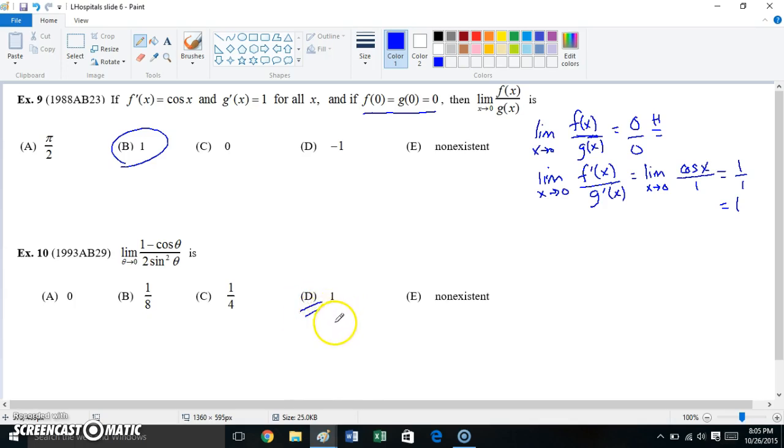Are you going to guess that D is the answer to number 10? All right, let's take a look and see. So here we're looking at the limit as theta goes to 0 of 1 minus cosine theta over 2 sine squared theta.